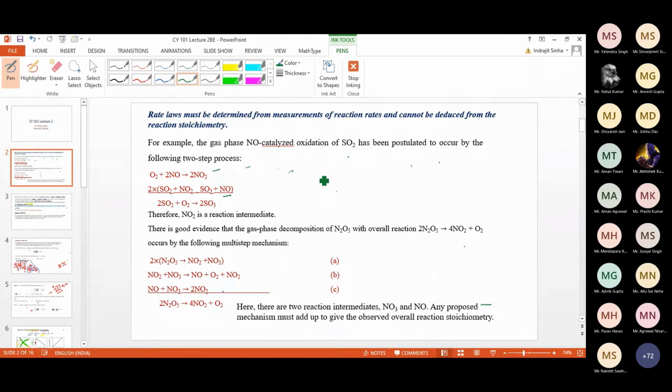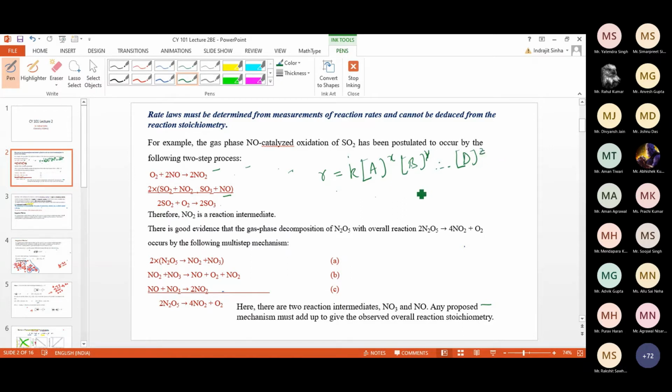We basically arrived at the conclusion that if we can write the rate law in this kind of format, with some exponents x, y, z.